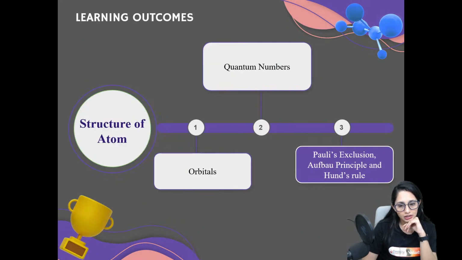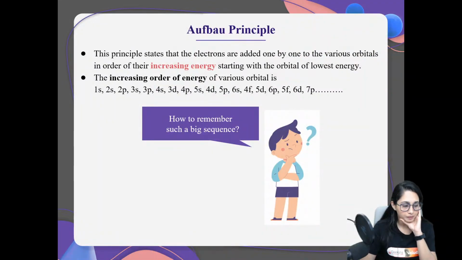Next, Pauli's exclusion principle, Aufbau principle and Hund's rule. Let's discuss that. So, the Aufbau principle. This principle states that the electrons are added one by one to the various orbitals in order of their increasing energy, starting with the orbital of lower energy.